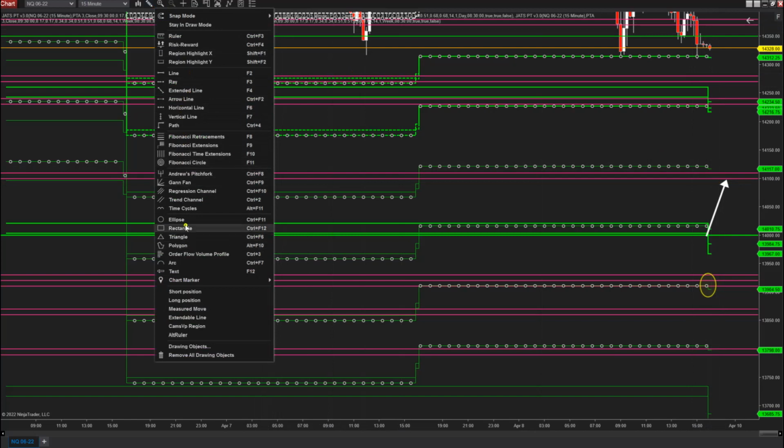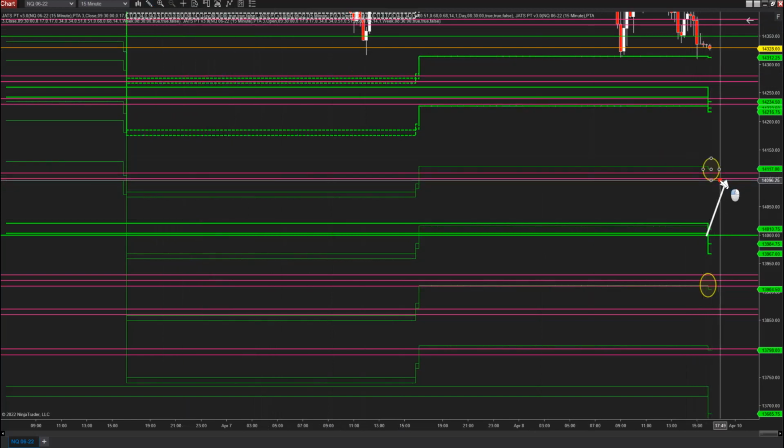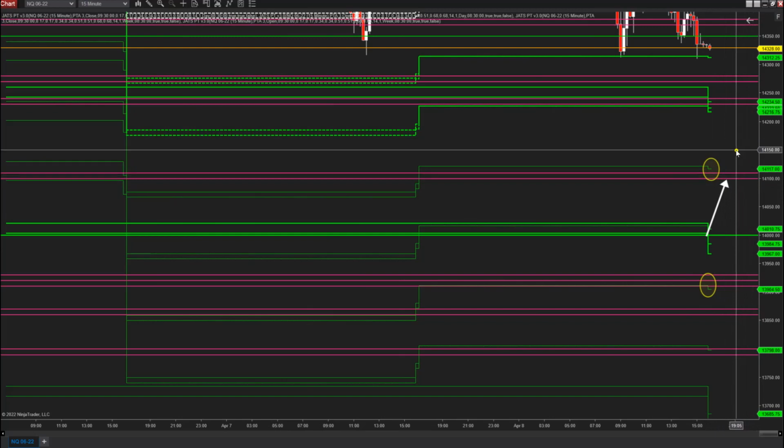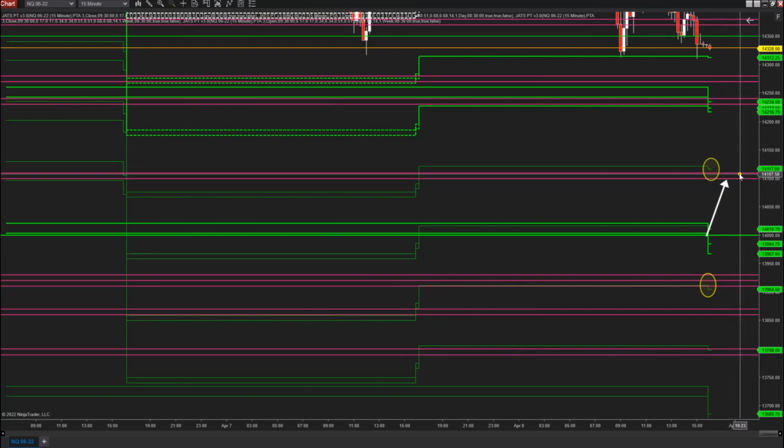So that would provide first support right here, 14,100 to 117. And anytime you get an even number like that, you've got puts sitting there. Puts and calls sit on the 50s and the 0s. So anytime you get a 000 or a 50, you're going to have puts and calls sitting on it.